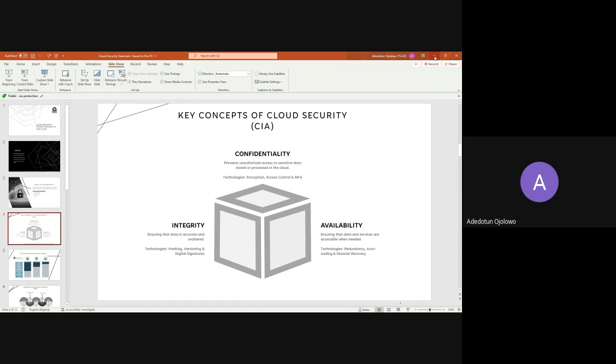Hashing is for integrity. What hashing does is validate the integrity of files. So you can use it to validate the integrity of files uploaded to the cloud. For example, if you have a particular file, you can always generate a SHA-1 value or a SHA-256 value for the file. Then you check that SHA-256 value.